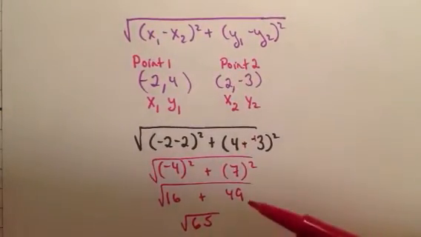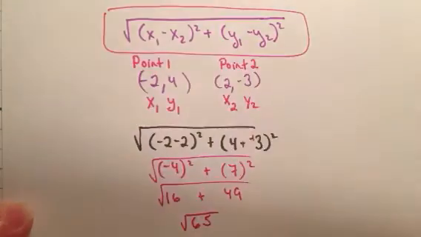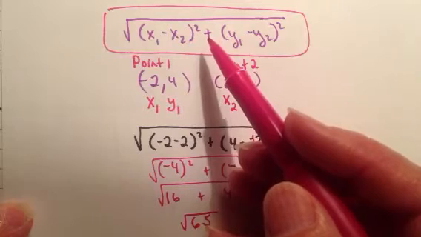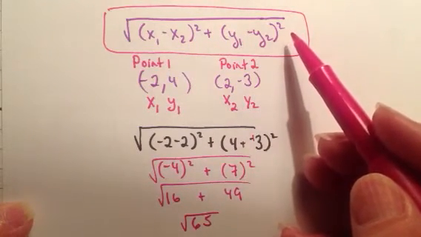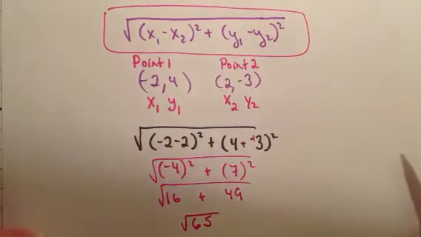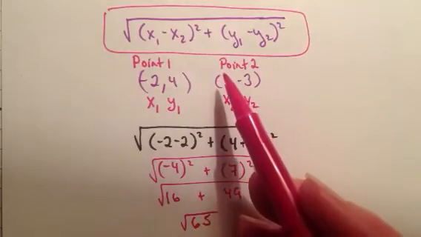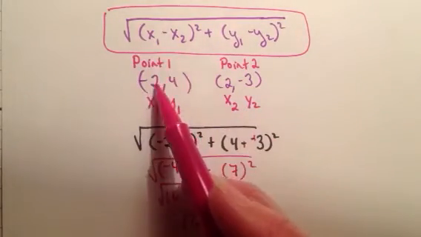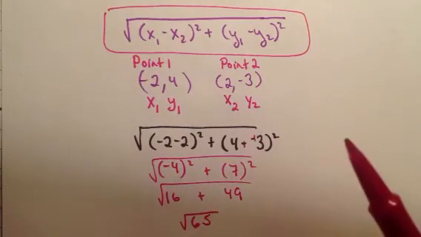So using the formula, please make sure you guys memorize this. Using the formula, you're simply going to subtract your x's and square them, and add to that subtracting your y's and squaring them, and then take the square root of all of it. The only thing that you need to watch out for is, if we subtract our x's from point 1 to point 2, just make sure when you subtract your y's you don't reverse the order.